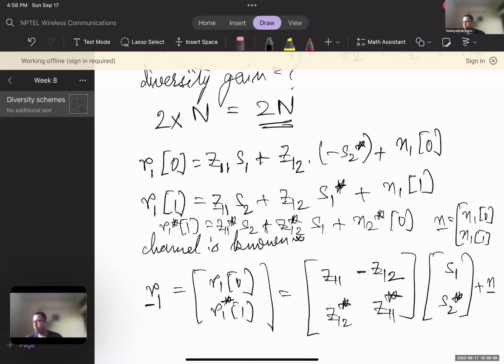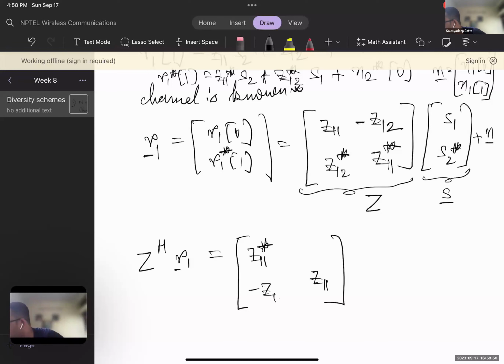Let's say this is S, and I denote this matrix as capital Z. If I do Z Hermitian times R1, what will I get? If you remember, to take the Hermitian, in the principal diagonal we just switch, and the off-diagonal elements we switch and also change signs.